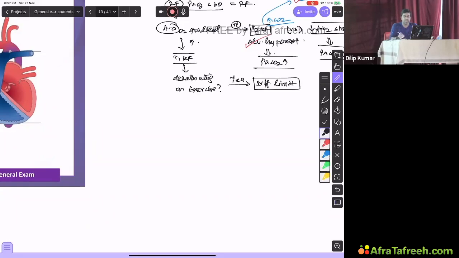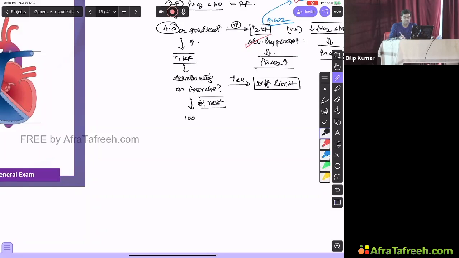If they are not desaturating on exercise, which means they are desaturating at rest itself, at baseline state itself, and going into respiratory failure, then this indicates either a VQ mismatch or a shunt formation.